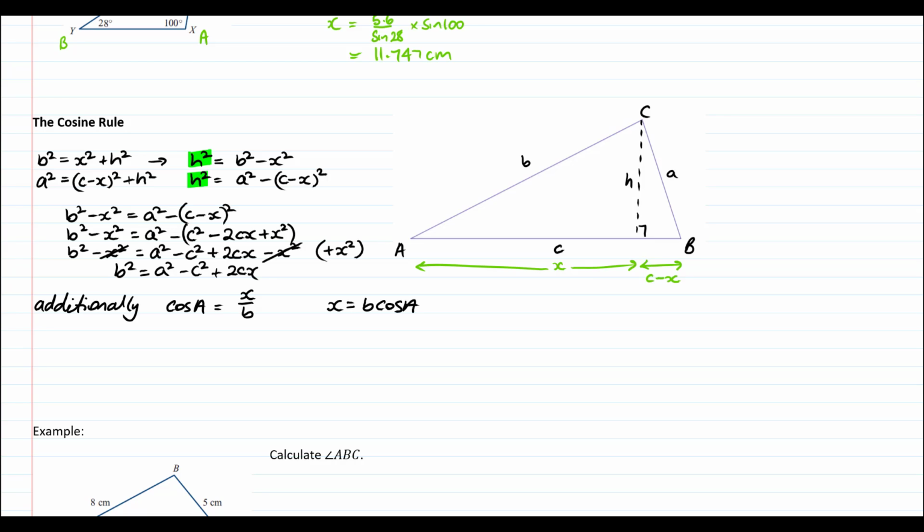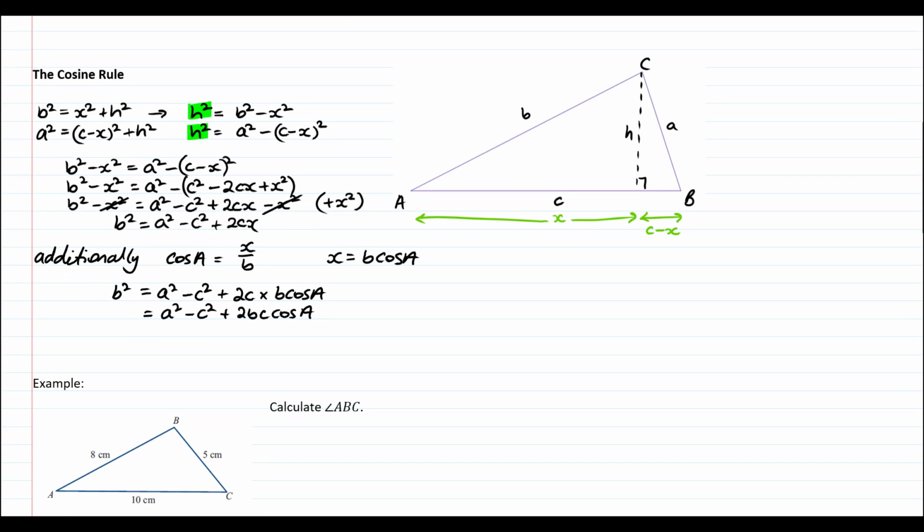And going back to my original function, I have B squared is equal to A squared minus C squared plus 2C times B cos A, which of course is equal to A squared minus C squared plus 2BC cos of A. And now removing the second two terms and putting them onto the other side, I get this.